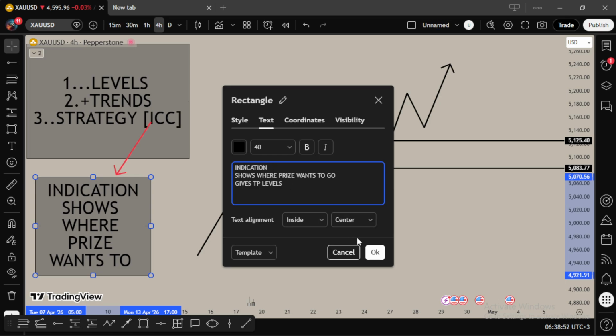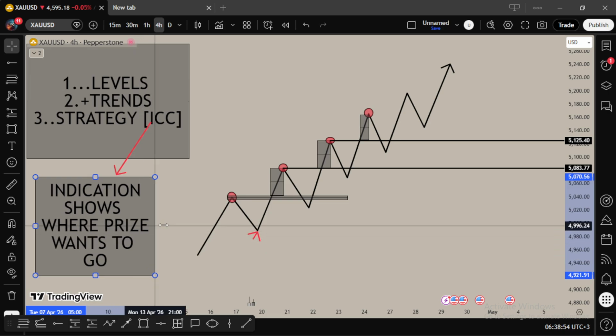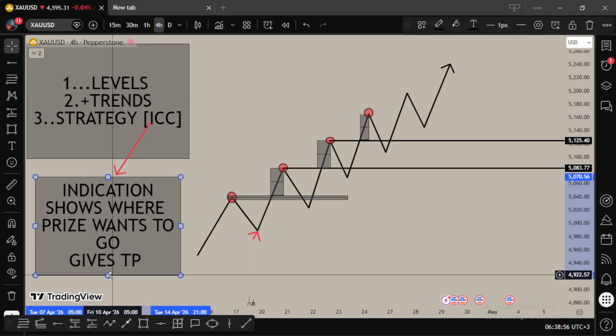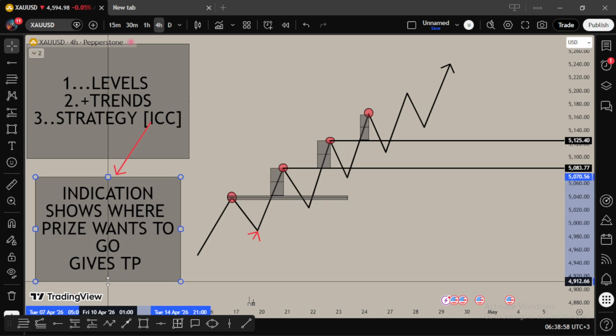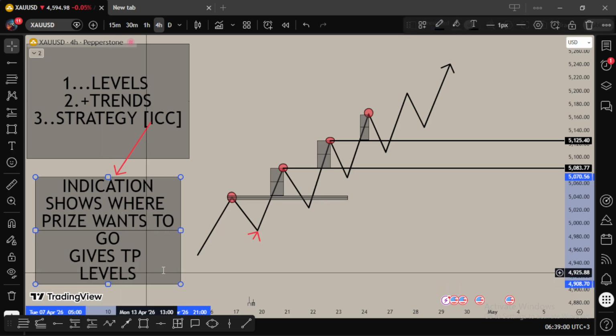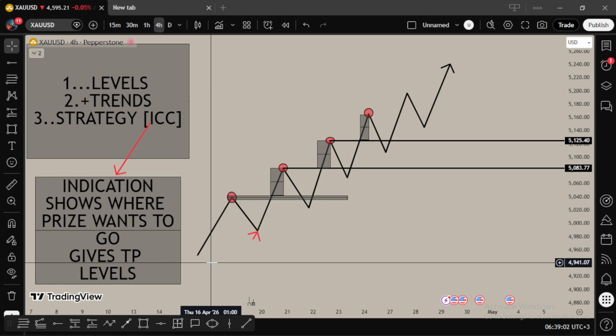Simple. But it's not in all cases that you use indications to give you take profit levels, especially if you are using ICC in the higher time frames. But let us focus on the indication part of things.